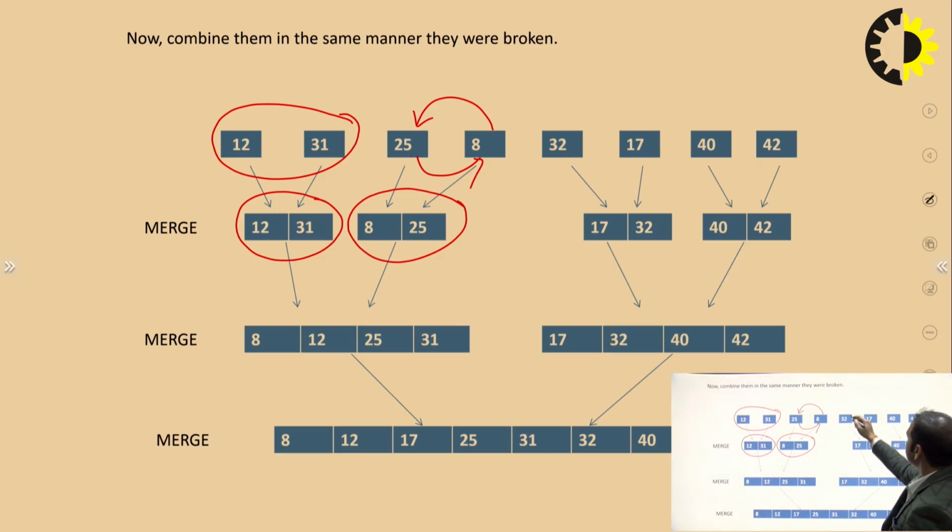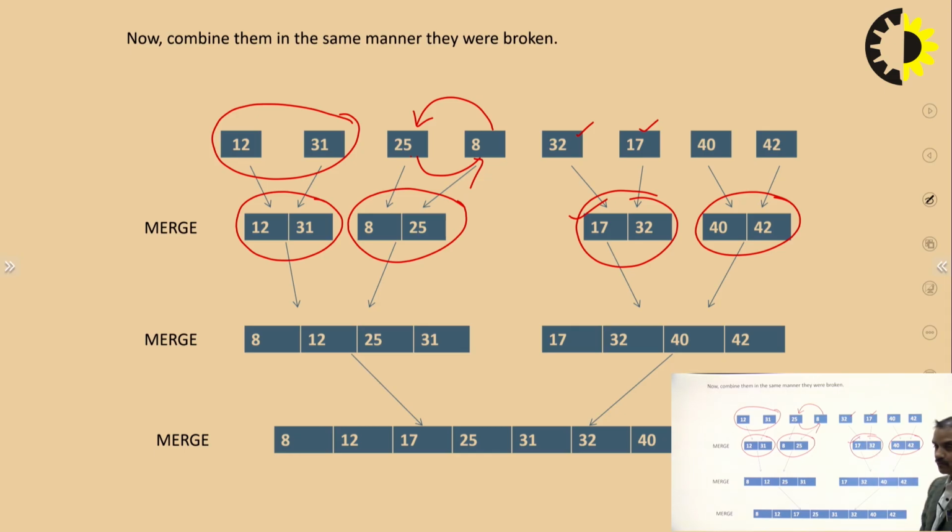Here, 32 is greater than 17, so we swap 32 with 17 and write 17, after that 32. Here 40 is less than 42, so there is no swapping, and we write 40 and 42.